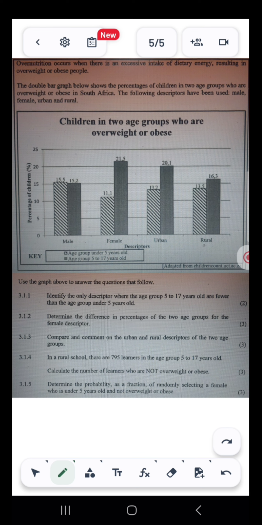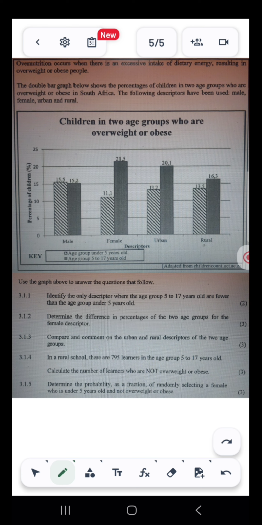Looking at people in urban areas, under the age of 5 it is 13.2%, and those in urban areas between the age of 5 and 17 it's 20.1%. So they are really obese. Going to the rural areas, it's below 15%, 13.5%, and those between the age of 5 to 17 is 16.3%.